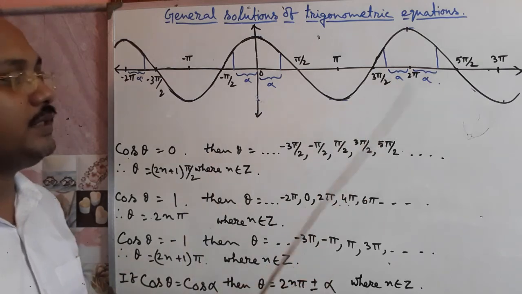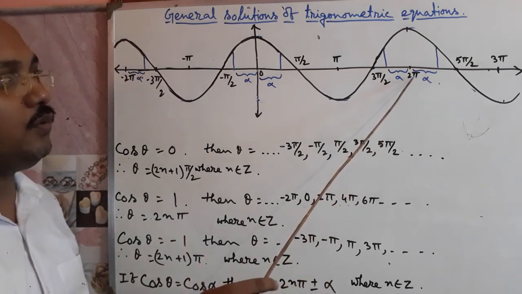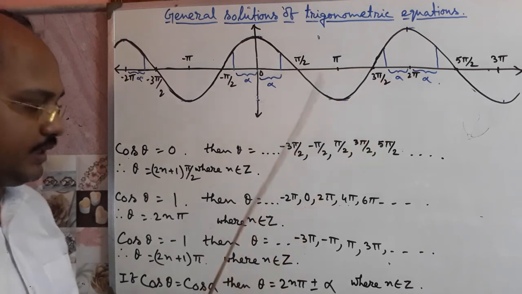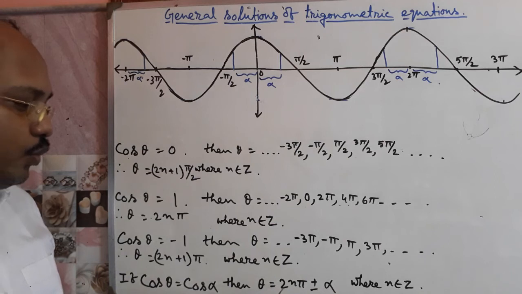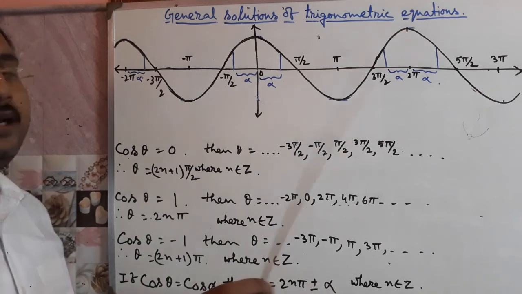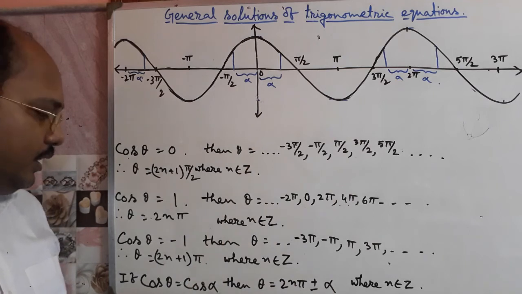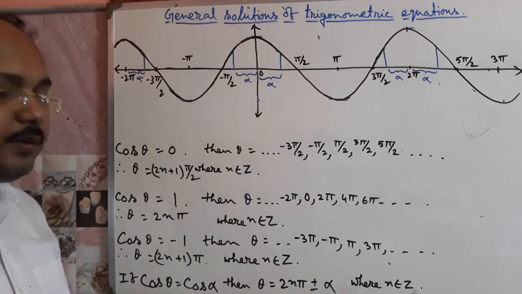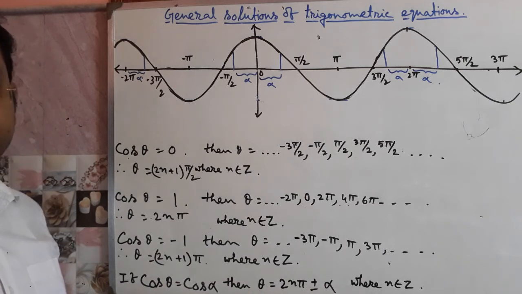That means around the even multiples of pi, plus alpha and minus alpha. So theta will be 2n pi plus alpha or 2n pi minus alpha. Generally it can be written as theta is equal to 2n pi plus or minus alpha where n belongs to Z, n is an integer.